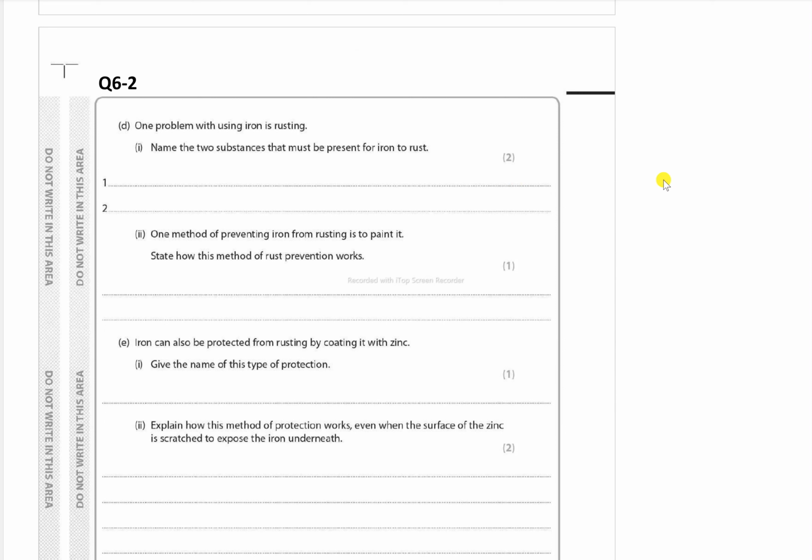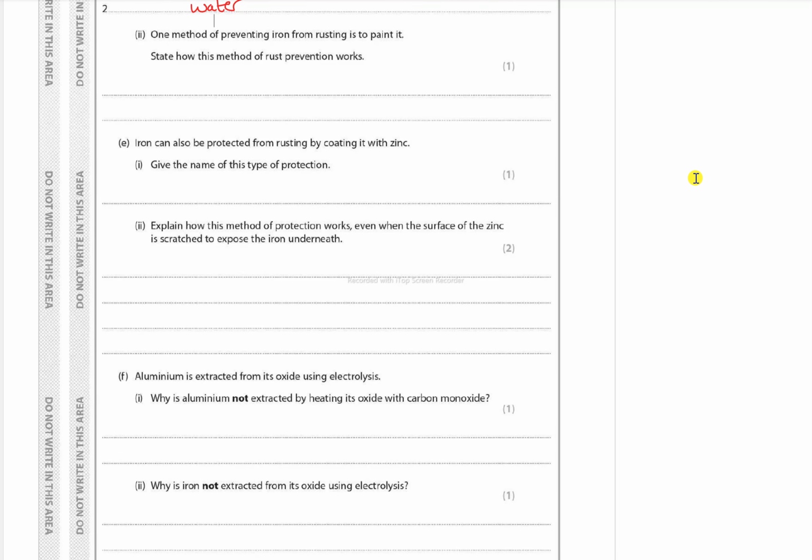One problem using iron, two substances that must be present. So you see, this keeps repeating itself: oxygen and water. One method of preventing rusting is to paint it.